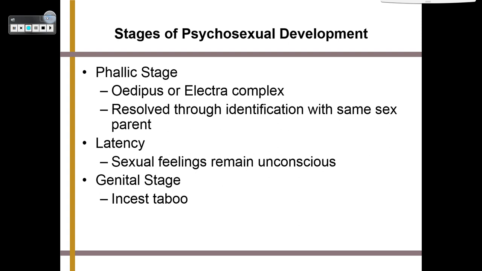And so you're asking yourself, oh God, am I sexually attracted to my mother? The incest part there. And the way that you resolve this taboo is by telling yourself, oh wait, I'm not in love with my mother. I want to be in love with someone like my mother. And with the Electra complex, it becomes, I want to be in love with someone like my father.